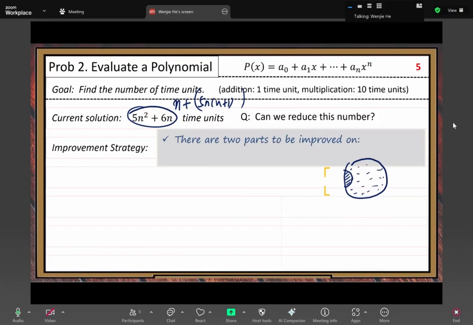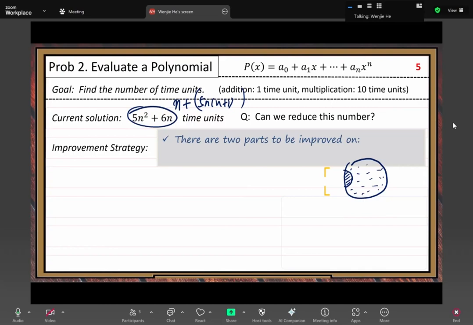You want to invest your resource on one of the two parts. You need to make a decision. Which part is better to put your investment?